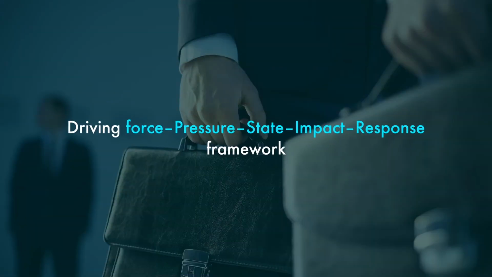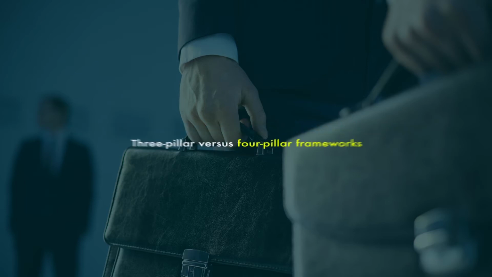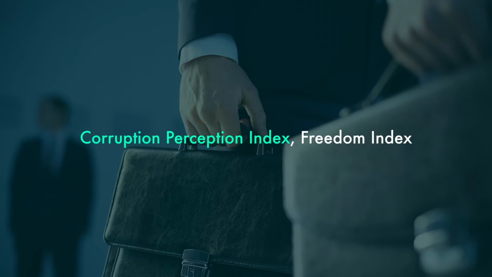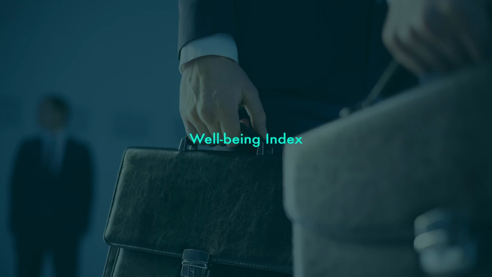Driving Force Pressure State Impact Response Framework, 3-pillar versus 4-pillar framework, Corruption Perception Index, Freedom Index, Well-being Index. Among all these indices, let us look into some of the important ones commonly used by different organizations and institutions for different purposes.